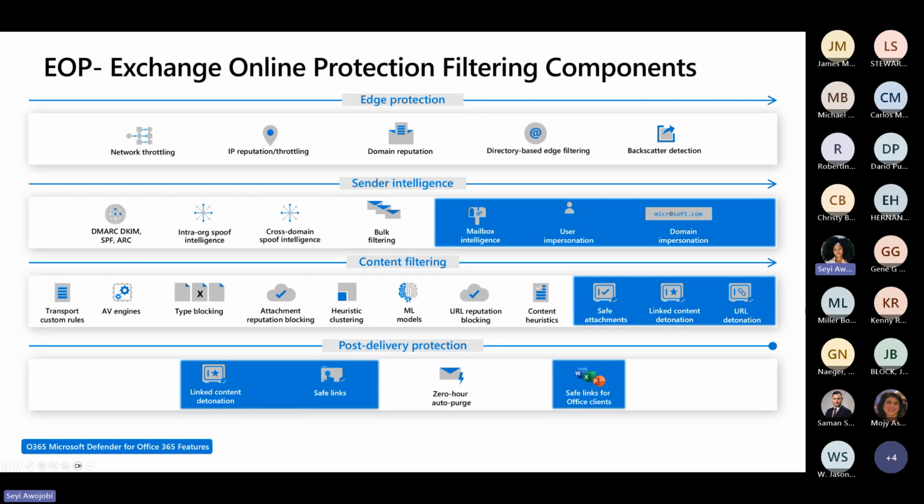But let's go one after the other into the functionalities here. Starting with sender intelligence, we have mailbox intelligence. What we're looking to do here is learn the email patterns of your end users. Who are they communicating with? How often are they communicating with this user?